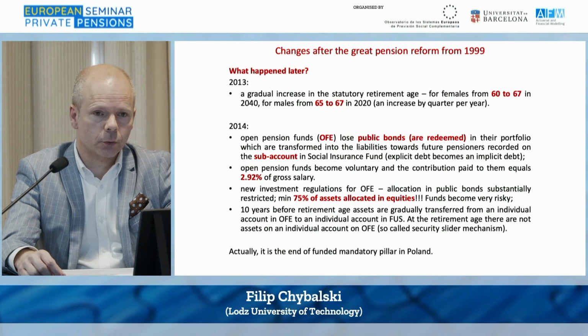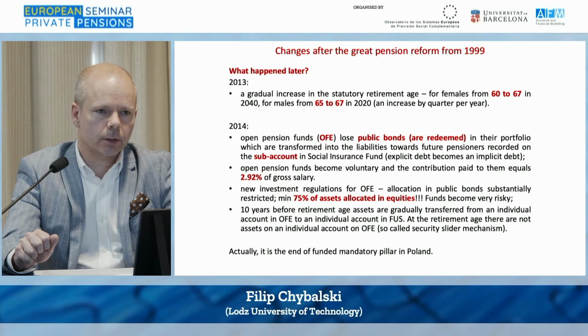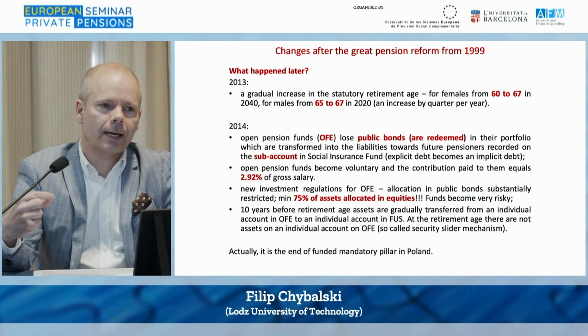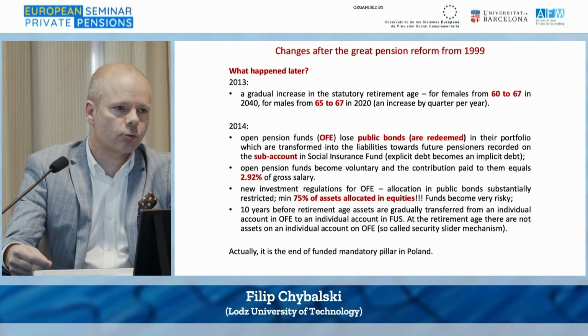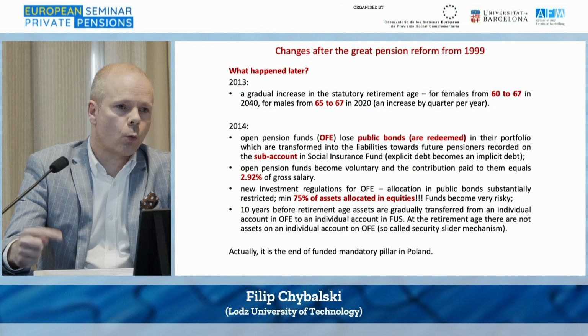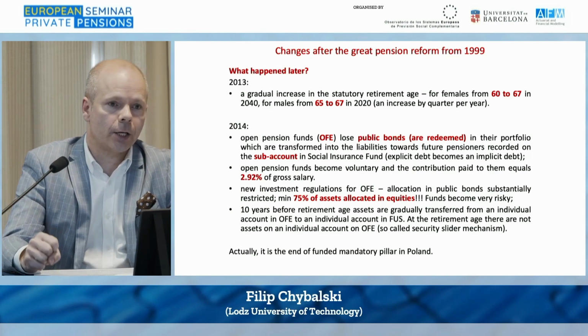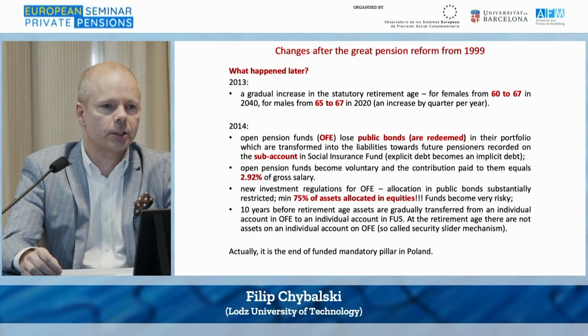In 2014, we introduced an increase of the statutory retirement age from 60 to 67 for women and from 65 to 67 for men. However, the increase was very, very gradual. One quarter per year, so women would achieve the new statutory retirement age of 67 in 2040.